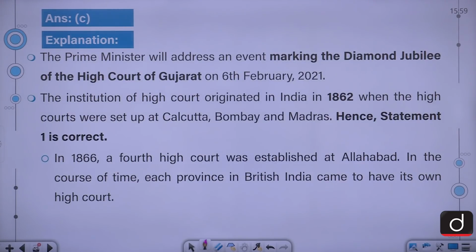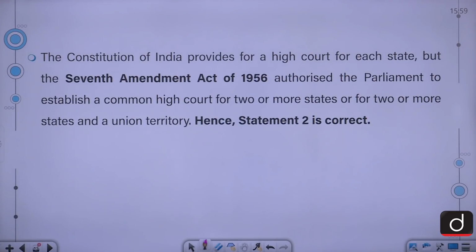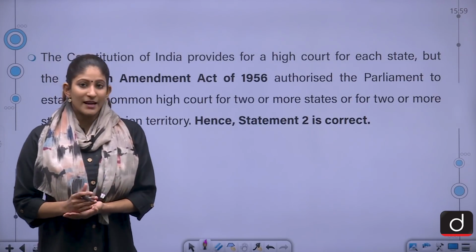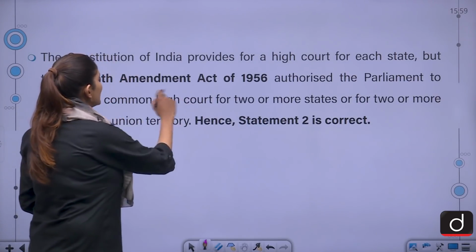In the course of time, each province in British India came to have its own High Court. Also, the Constitution of India provides for a High Court for each state, but the 7th Amendment Act of 1956 authorized the Parliament to establish a common High Court for 2 or more states, or for 2 or more states and a union territory. If you want to remember this particular point, you can remember it by the 7th Amendment Act of 1956.